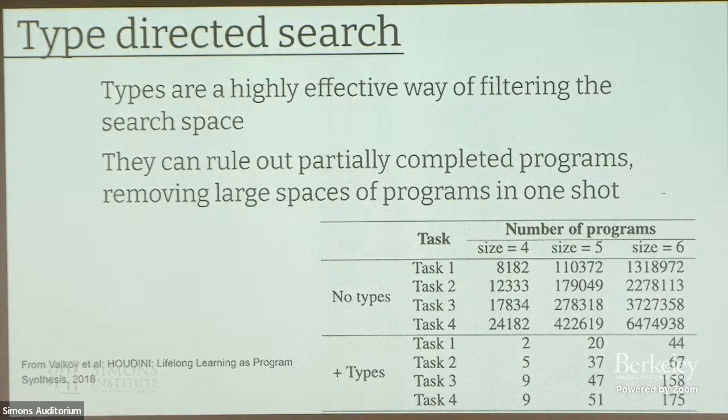This paper was focusing on a particular class of list manipulation programs, but you can see a really dramatic effect in the effective sizes of the search space with and without the pruning that you got from the type system, right?